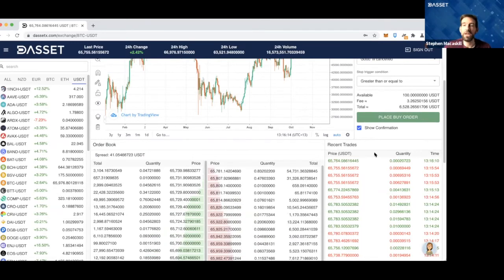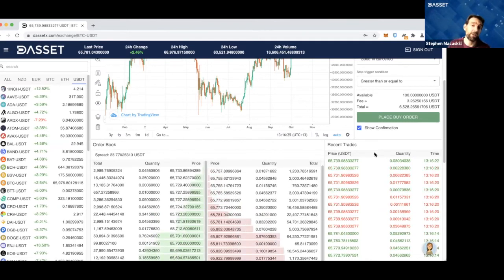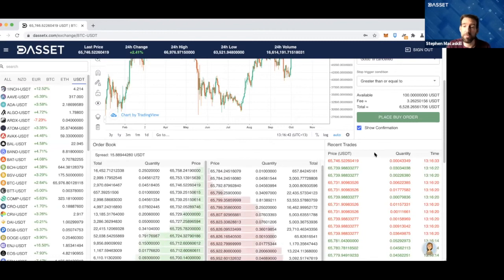You want to make sure you are in a good position where if the price goes up, you can sell and make some money on your trade, and if the price goes down, you can sell and cut your losses. And you can have it both ways. You can have a condition where the price goes down and you place a buy order, or the price goes down and you place a sell order.